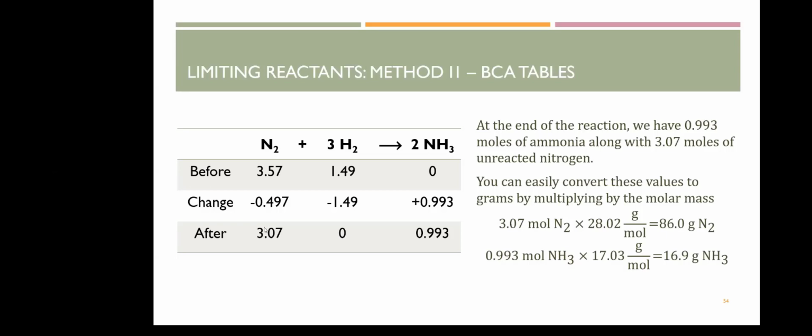At the end of the reaction, you have 3.07 moles of nitrogen mixed up with 0.993 moles of ammonia. If you want to get these to grams, you do exactly the opposite. Instead of dividing by the molar mass, you multiply by the molar mass.